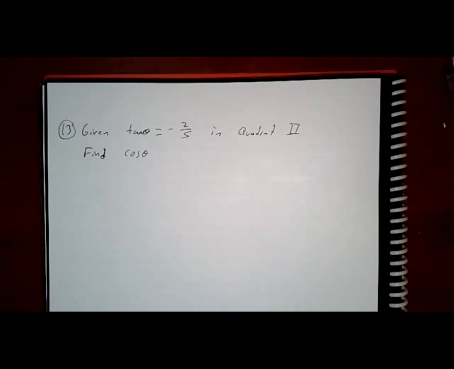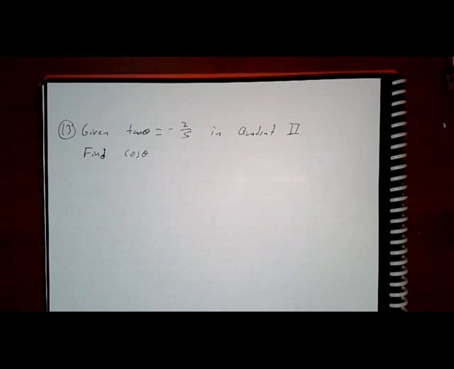Okay. So if we're in quadrant 2, is cosine negative or positive? Yeah, it's going to be negative.